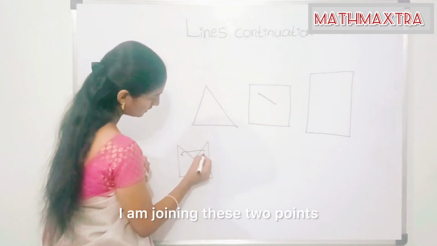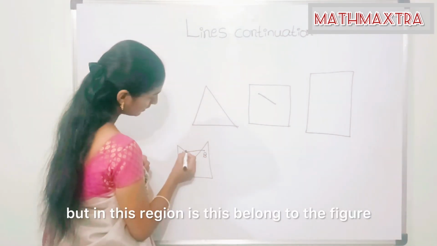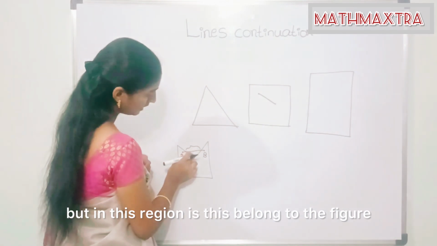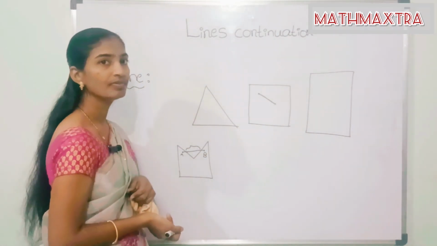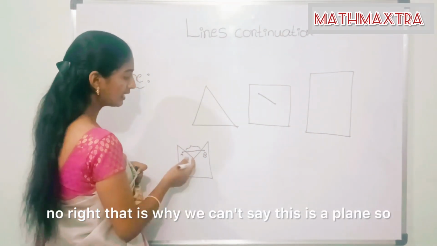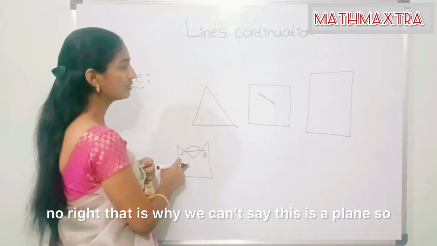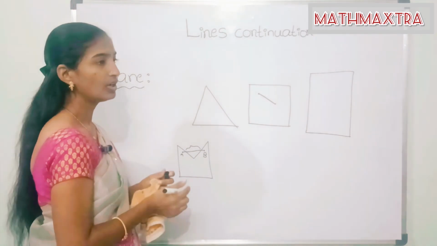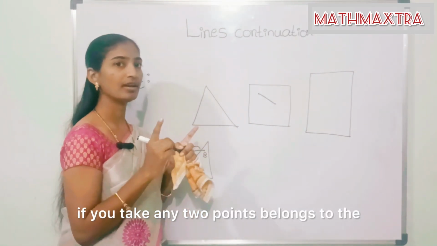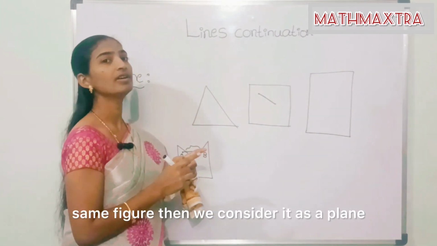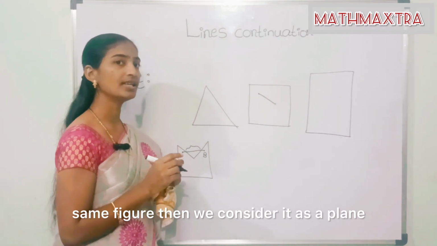I am joining these 2 points. But in this region, does it belong to the figure? No, right? That is why we can't say this is a plane. So that is what the definition is. If you take any 2 points belonging to the same figure, then we consider it as a plane.